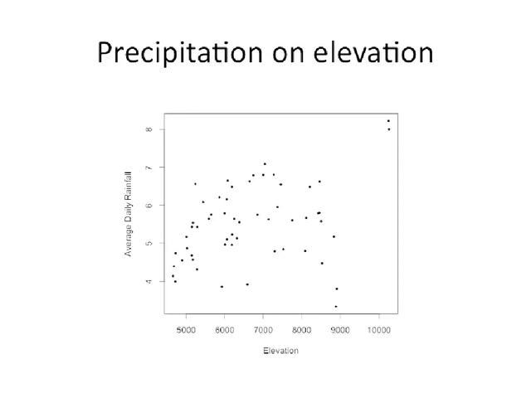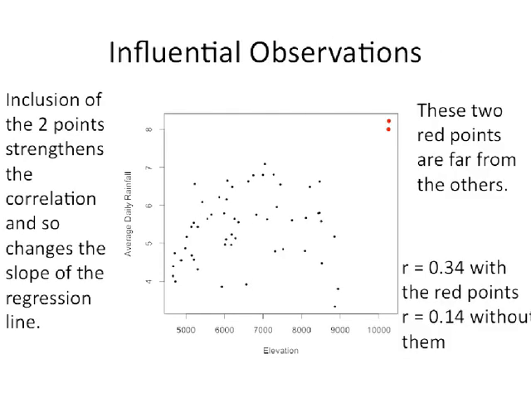All right, so what do you think of those 2 points way out there at elevation above 10,000 feet? So I marked them in red, and I'm calling them influential observations because we might ask ourselves, how would the relationship between elevation and rainfall change without those 2 points?